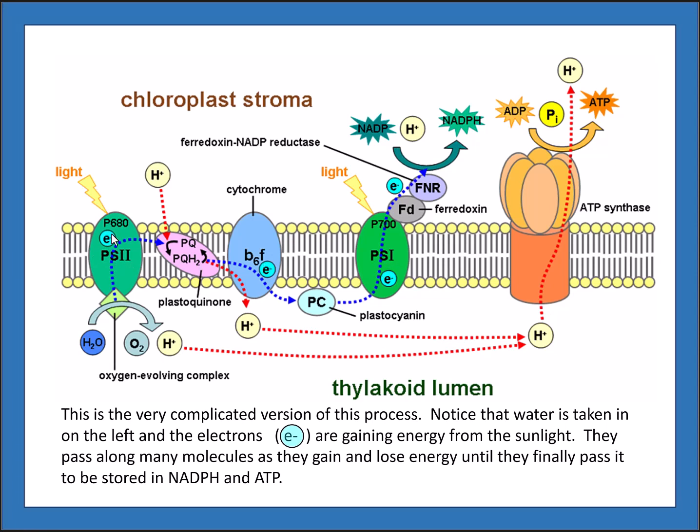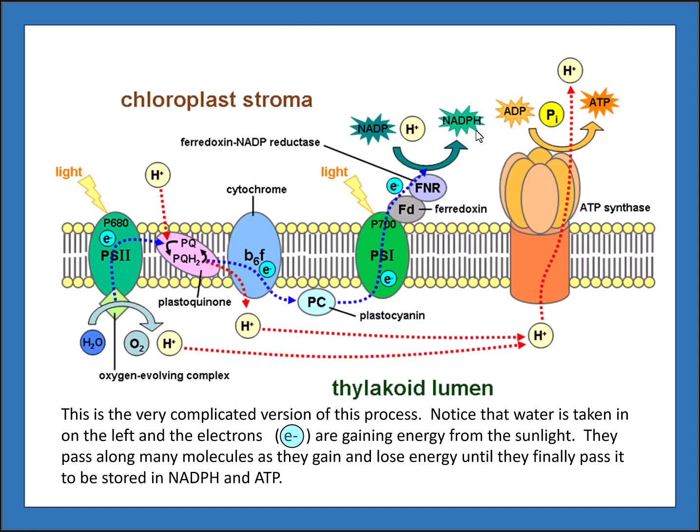And the electrons are passing along these photosystems, along many different molecules here as they gain and lose energy until they finally pass it to be stored in NADPH and ATP. And those are going to be passed then to the light-independent reactions.